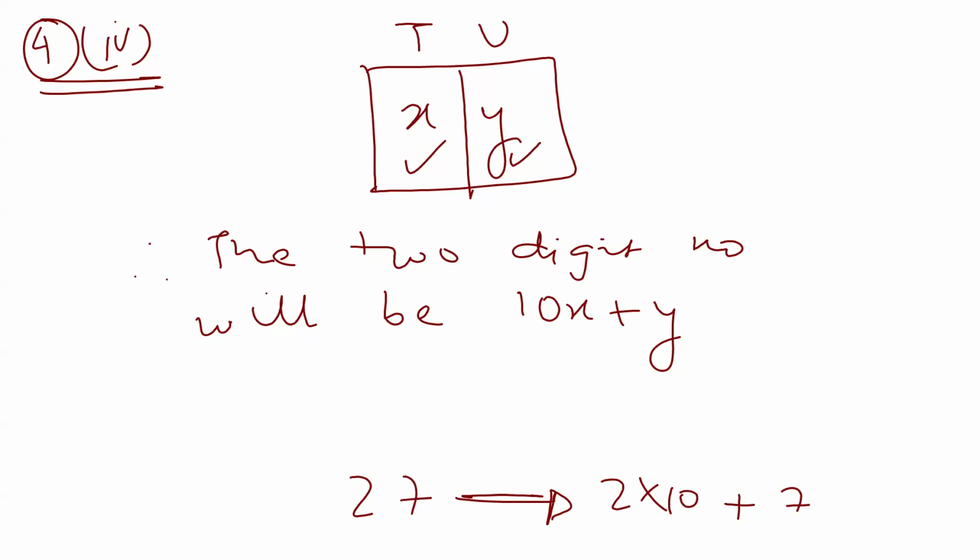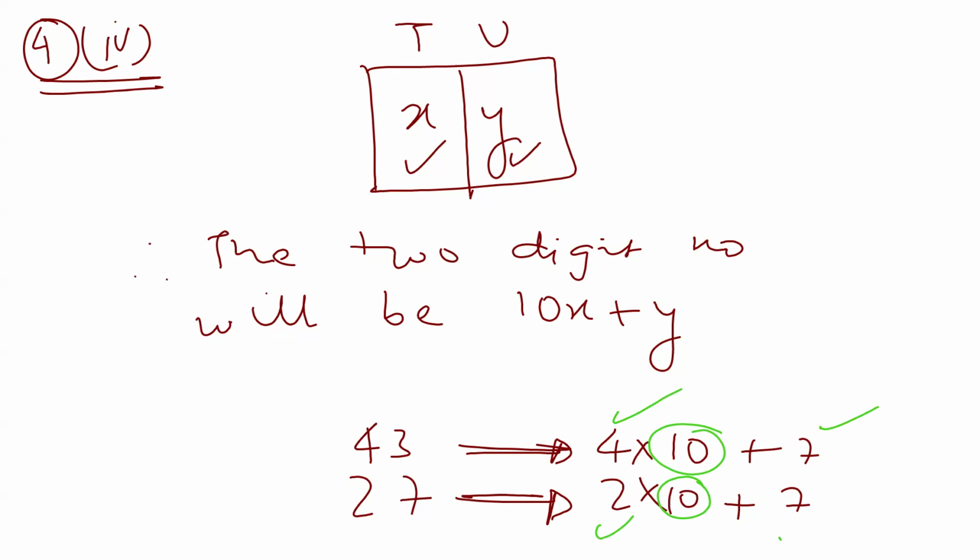Isn't it 2 into 10 plus 7? If it is 43, isn't it 4 into 10 plus 3? So the two-digit number will be 10x plus y.